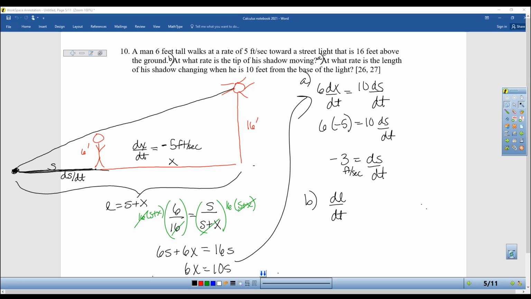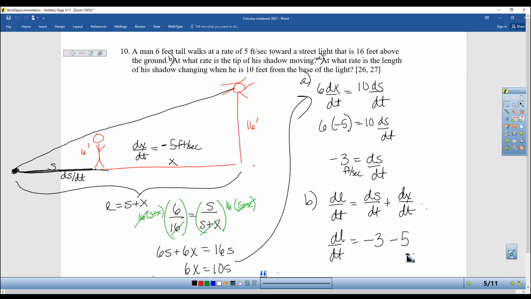But in order to do that, we have to recognize that since L is equal to s plus x, the derivative of L is going to be the derivative of s plus the derivative of x. So dL/dt, now that we found this, is what I meant about you had to do part A first, is going to be negative 3 plus dx/dt.